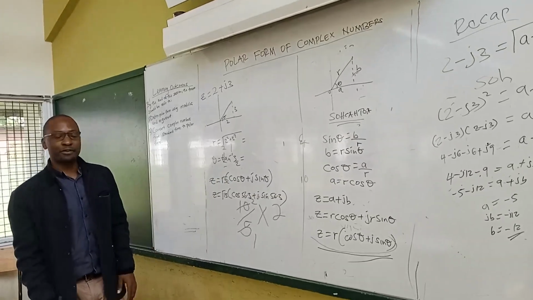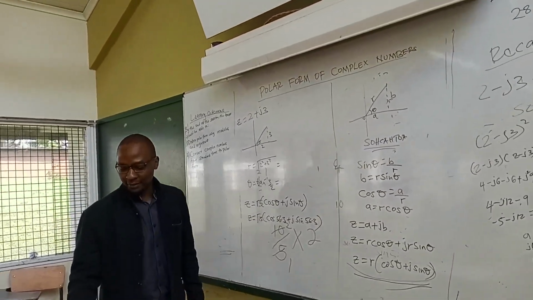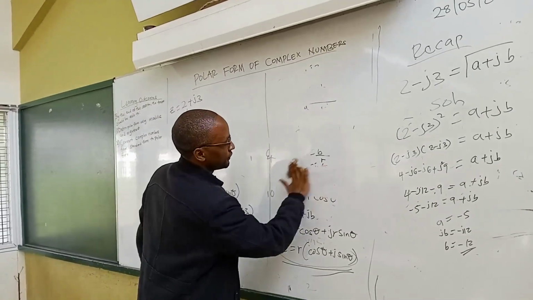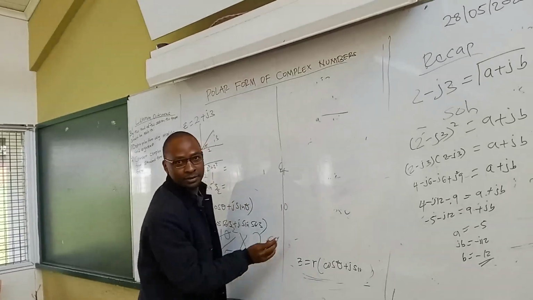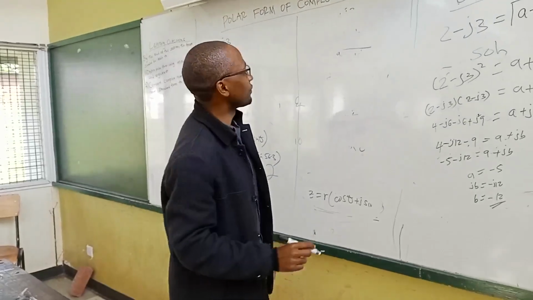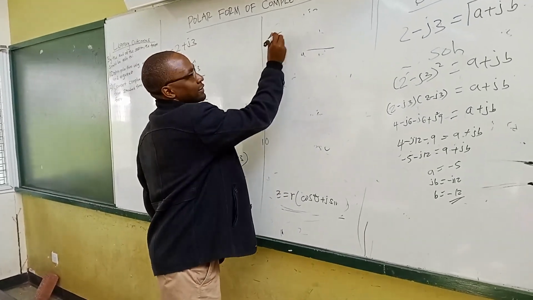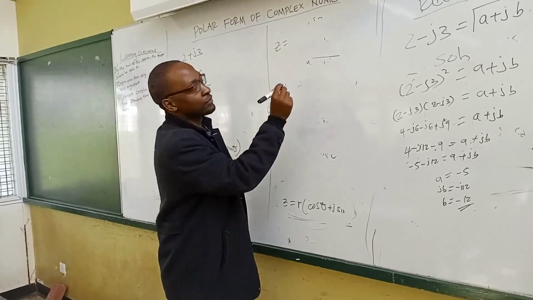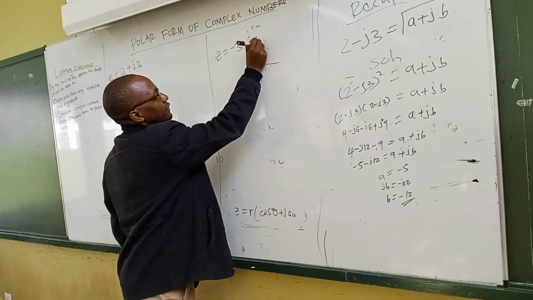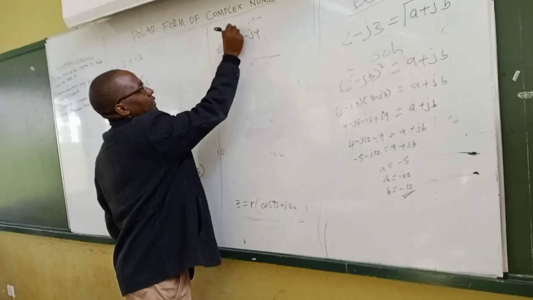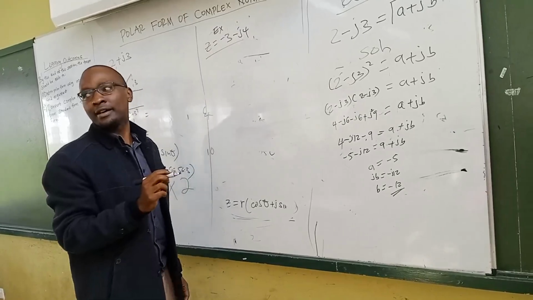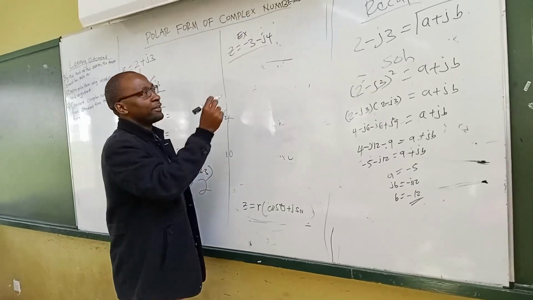This is the polar form of a complex number. So I'll give you some more examples to do here. This is the standard form of a complex number to be represented in polar form.